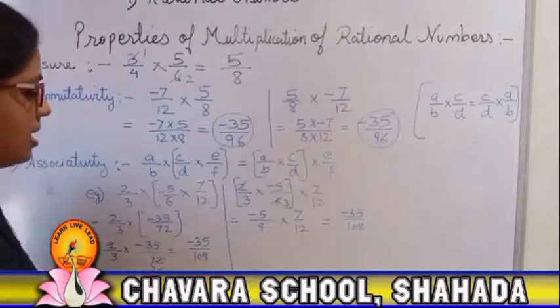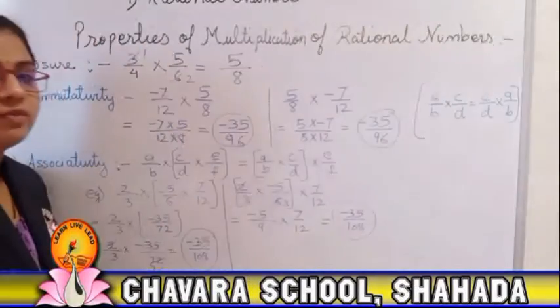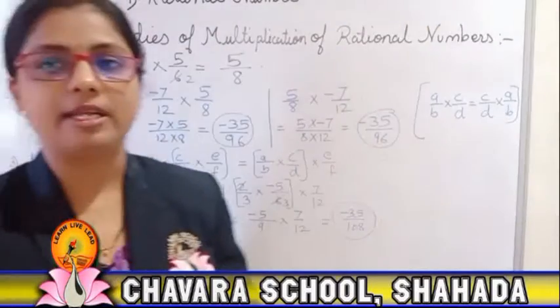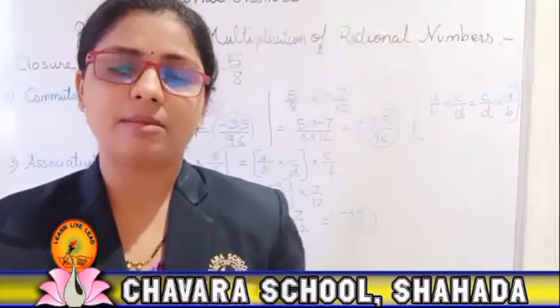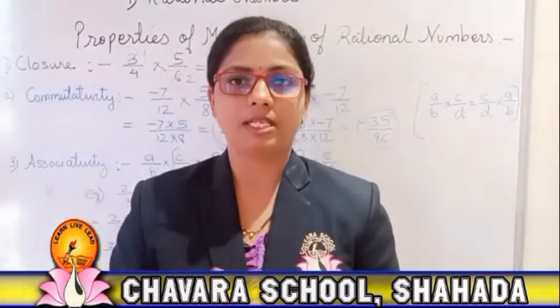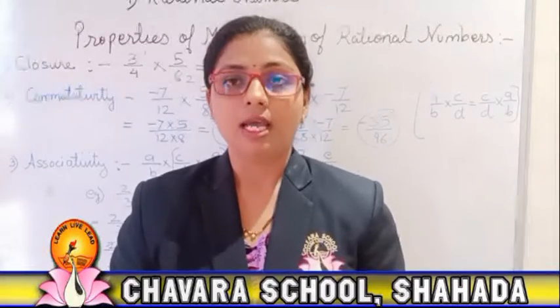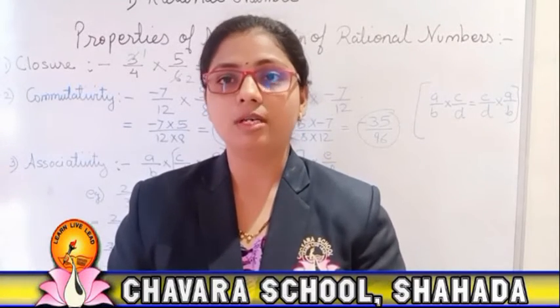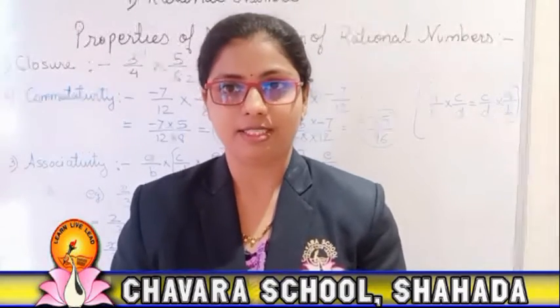Just see whether the answers are the same. Yes, they are equal. So we can say the property is verified here. In this way, in addition and multiplication, all these properties work equally, only the operation is different. Then next we will go for the existence of multiplicative identity.